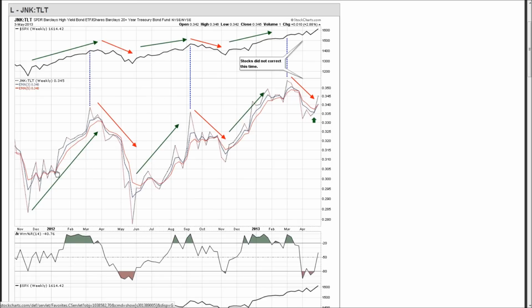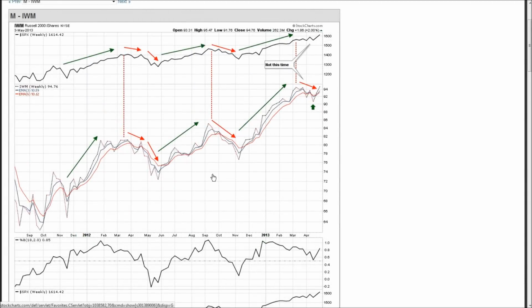Here we get the bullish crosses, stocks do well. So as of Friday's close on May 3rd, this is favoring bullish outcomes. Could we get a short-term move like this? Sure we could. Anything's possible, but right now this favors stocks over bonds, and it favors risky bonds over conservative bonds until something changes here.